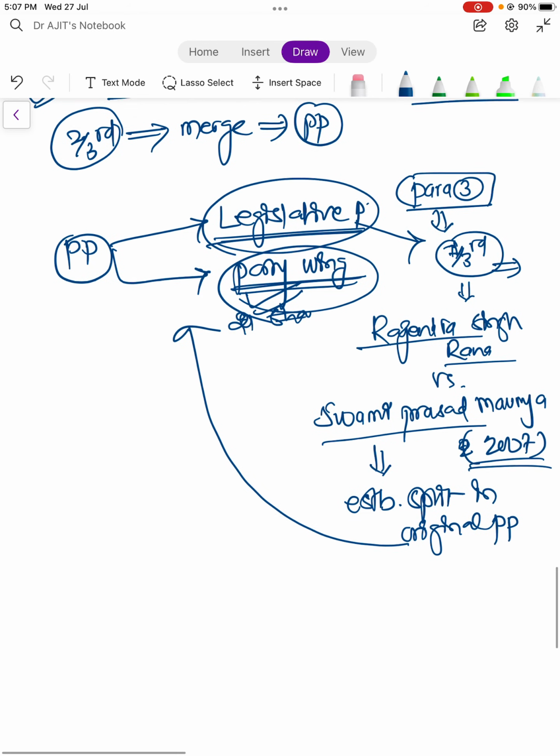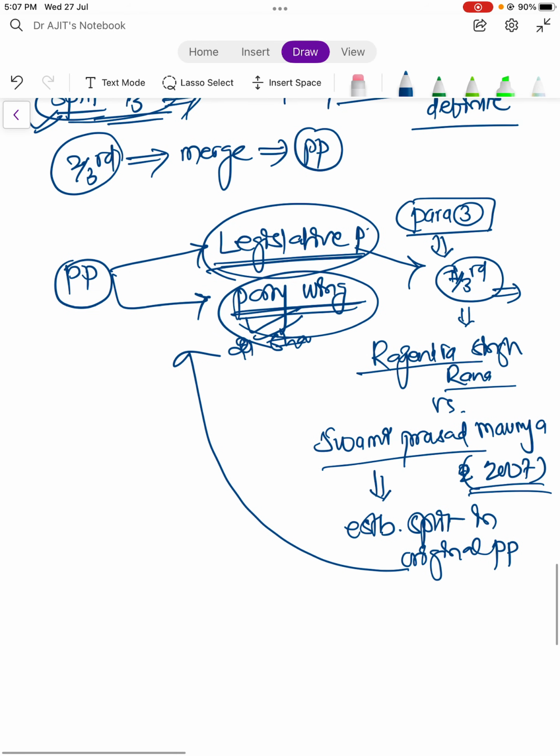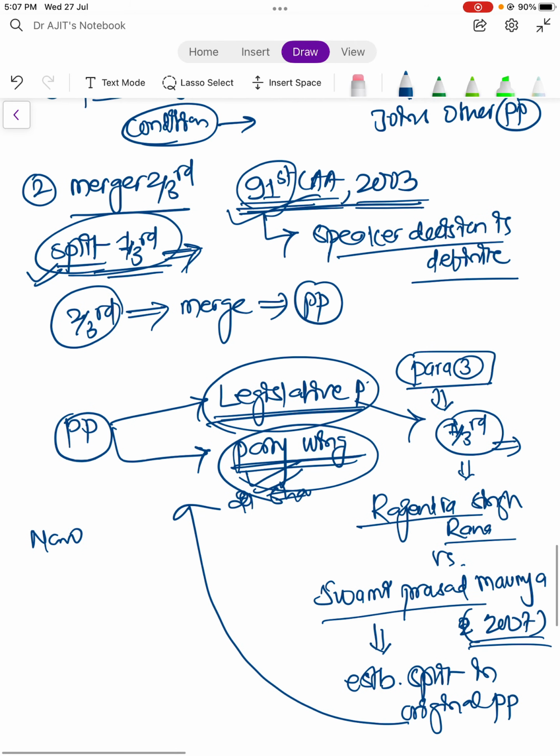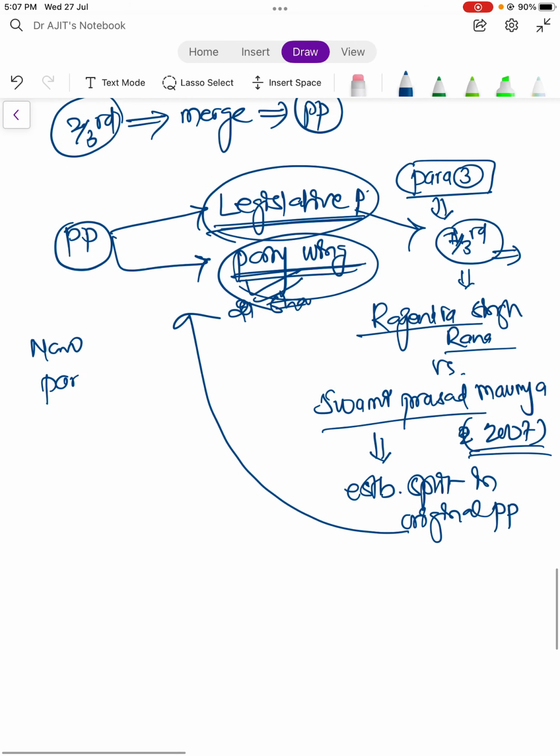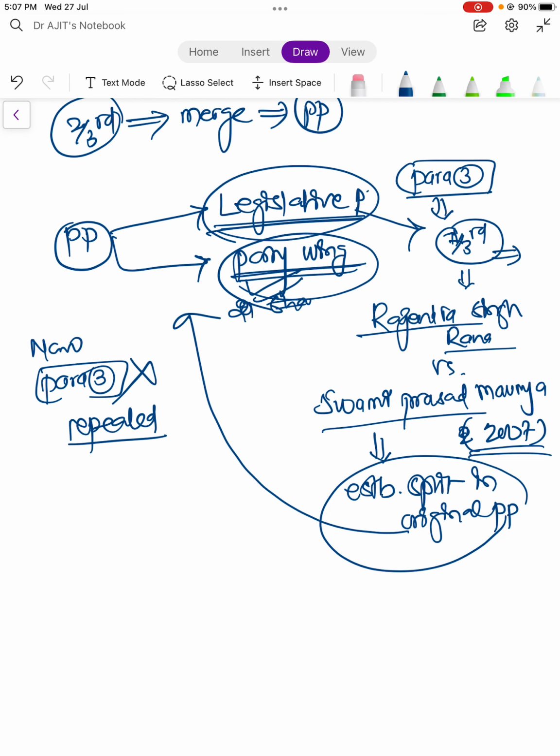But what is the condition now? After this 91st Constitutional Amendment Act, this para 3 has been repealed. So there is no such requirement now that if you want to establish a merger, you need to prove that there is a merger of the legislative party as well as the party wing, right?